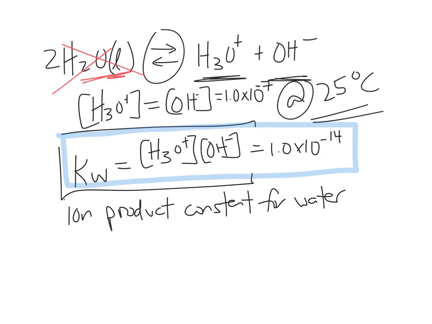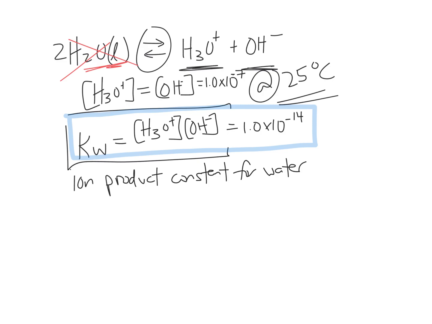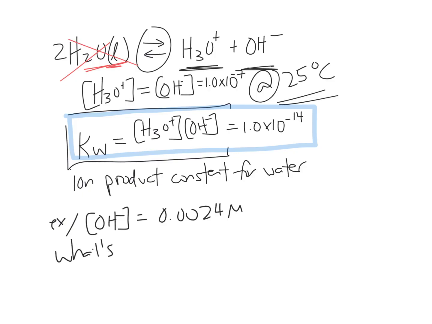That means in any solution, if you knew, for example, in one of our previous examples, I think we calculated a hydroxide ion concentration of like 0.0024 molar, you could ask yourself, what's the hydronium ion concentration at 25 degrees Celsius?